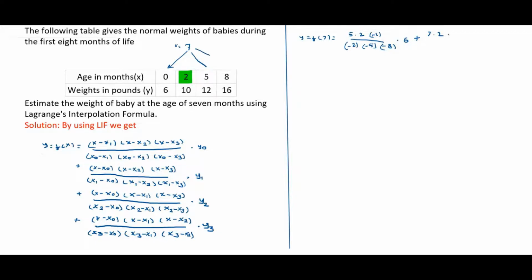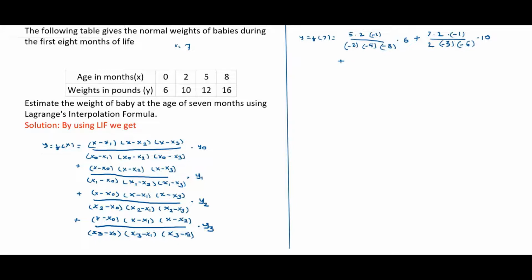And this 7 minus 8 is equal to minus 1, divided by this 2 minus 0. 2 minus 0 is equal to 2. 2 minus 5 is equal to minus 3. And 2 minus 8 is equal to minus 6, into the second value of y. The second value of y is equal to 10. I will write here 10 plus sign.